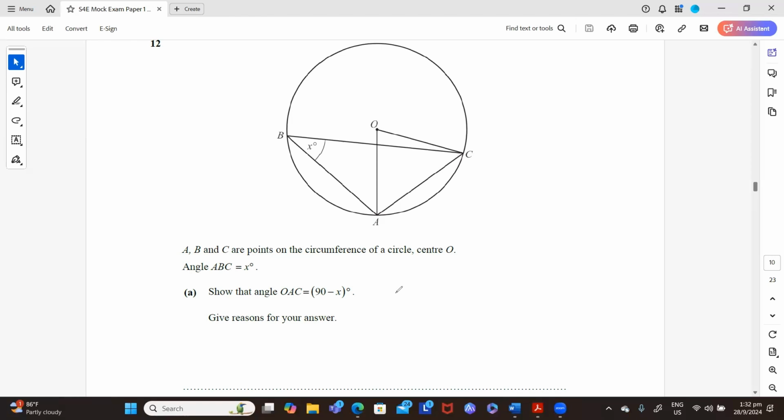So you can write down that angle AOC equals 2 times angle ABC, which is 2x. So write your reasoning: angle at center is twice angle at circumference.